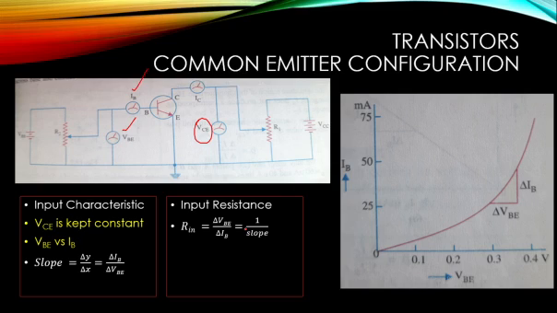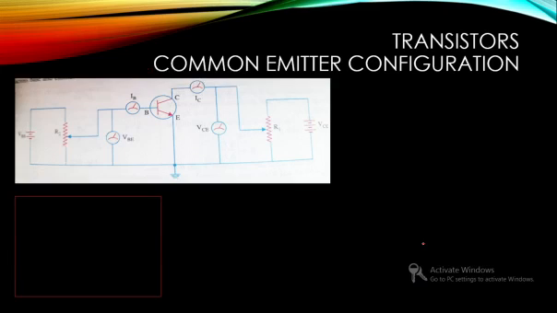So to measure input resistance from the input characteristics, you just plot VB versus IB and take the inverse of the slope. The slope is IB by VB, so the inverse of the slope gives the input resistance. The range of input resistance would be in kilo ohms, around 1000 ohms, but in this particular region it would be around 600 ohms, because the current has increased.